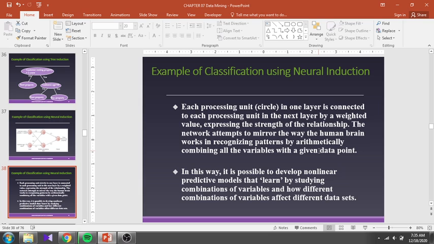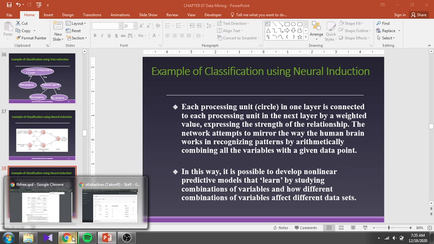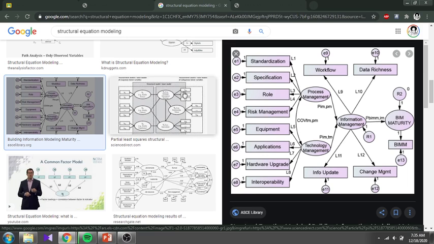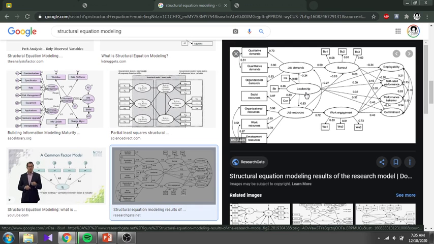In this way, it is possible to develop non-linear predictive models that learn by studying combinations of variables and how different combinations affect different data sets. I think you have seen this one, maybe, if you read some journal papers, you may encounter this kind of model. This one is structural equation modeling. As you can see, there are some values here.